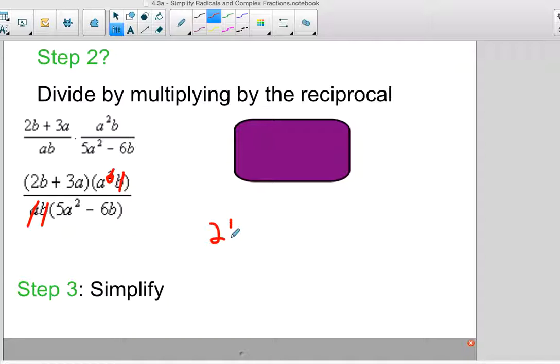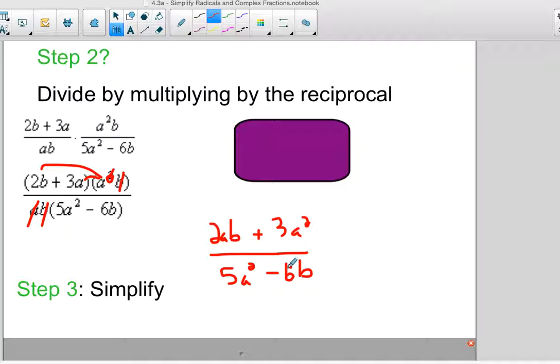So final answer is 2b plus 3a, and actually I'd have to distribute this a through, so I'm going to say 2ab plus 3a squared all over 5a squared minus 6b, and that's it.